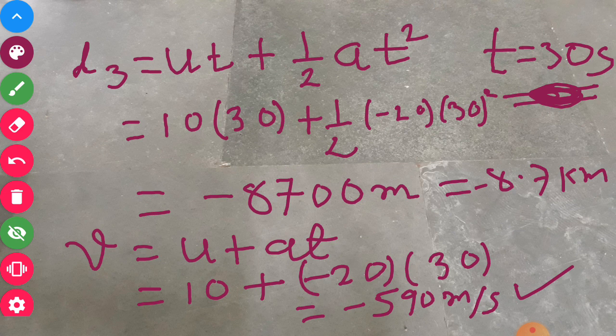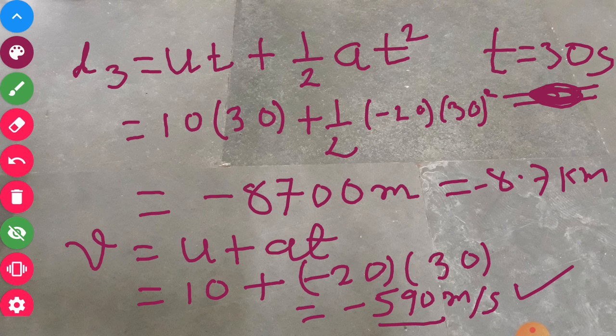And now at 100 seconds, meaning for the next 70 seconds, it is moving with this constant velocity. The velocity is now constant, so we can easily calculate the distance traveled.